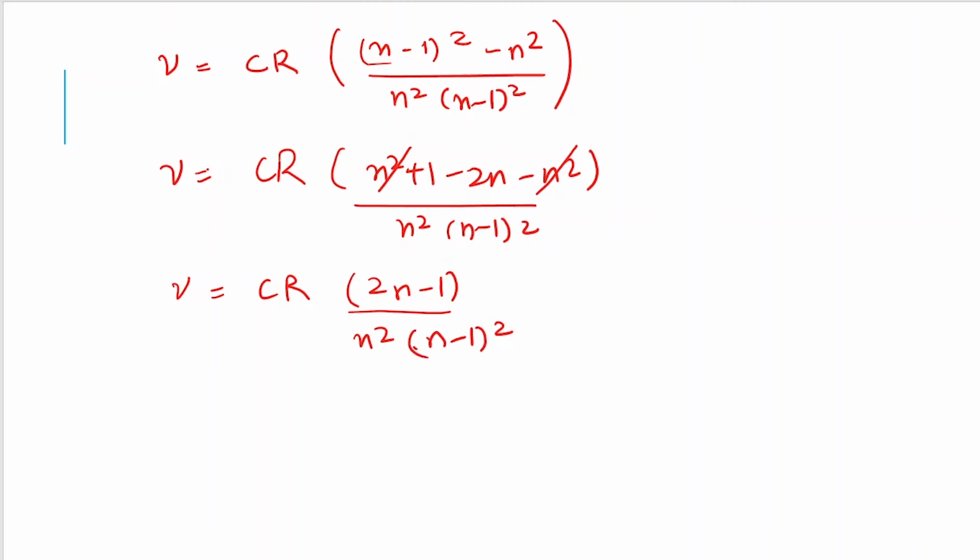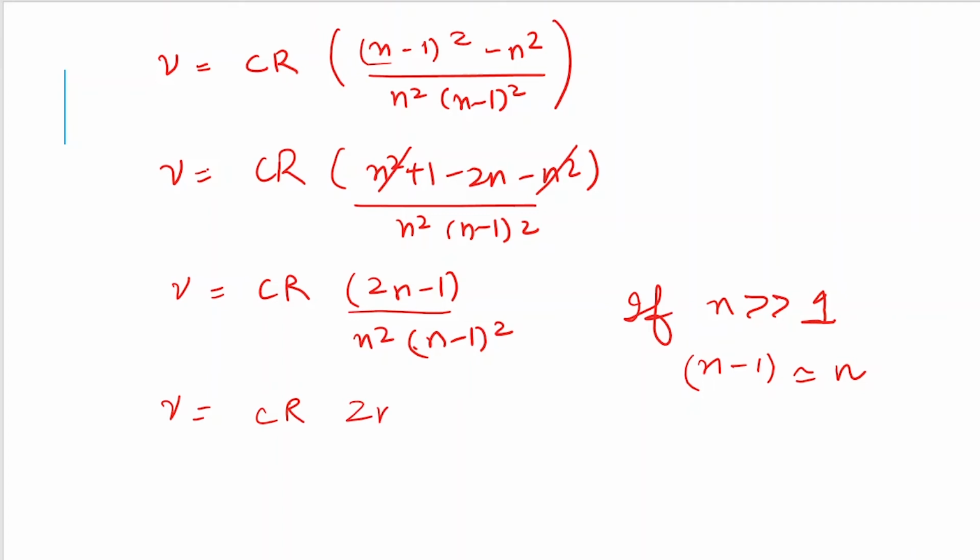So if our n is very large, much greater than 1, we can write n minus 1 as n, and similarly the 2n minus 1 term as 2n.